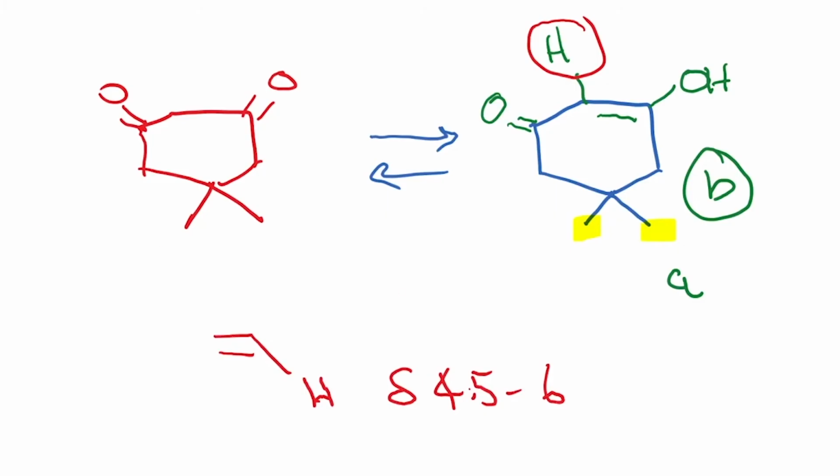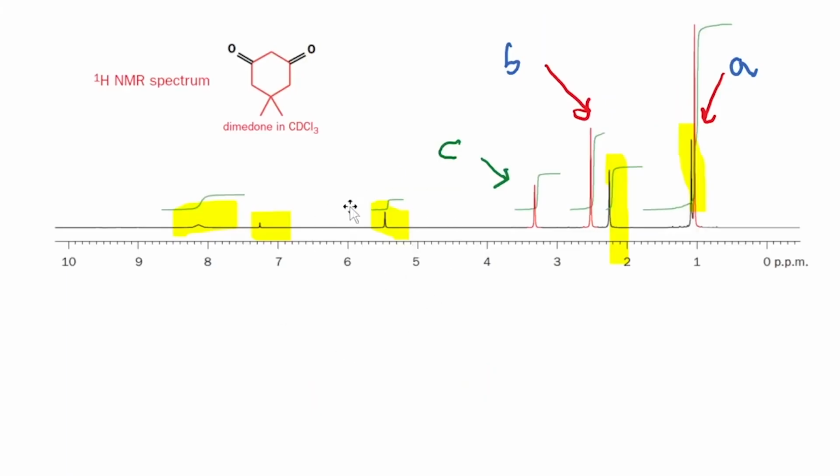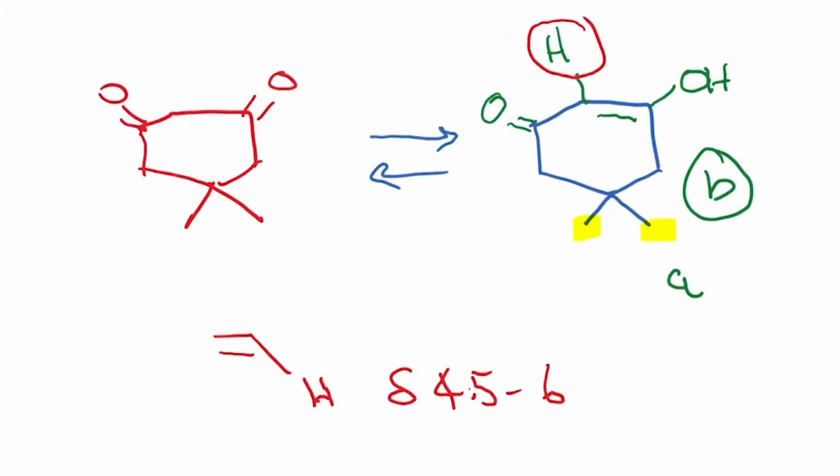And indeed, when we look at the spectrum of dimedone, we see a peak here at 5.5. So together, what this suggests is that there is a small but significant amount of the enol that is being produced. This phenomenon is known as tautomerism.